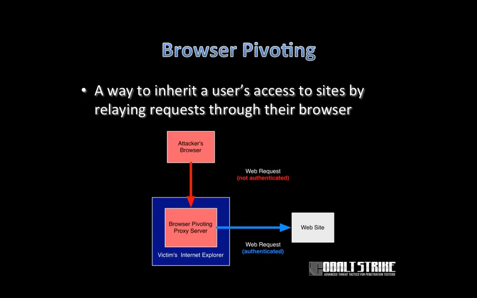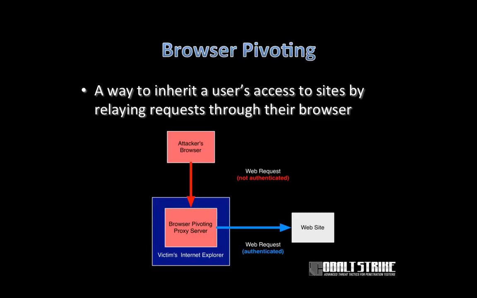Cobalt Strike will create a web proxy server on the team server for you, the attacker, to point your browser to. Okay? Anything that goes through that proxy server on the team server will be sent to the browser pivoting agent to act on.